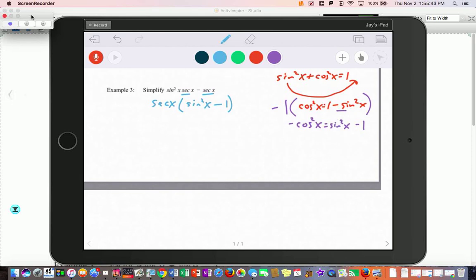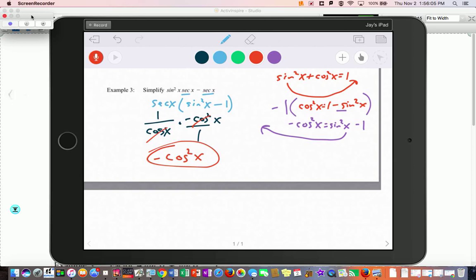So basically by multiplying by negative 1, I switch the order. Now it's the same. So now I have 1 over cosine times negative cosine squared. You can put that over 1 if you want, and when you do your crossing off, you're left with a negative cosine squared of x.